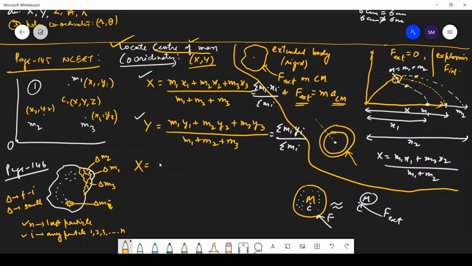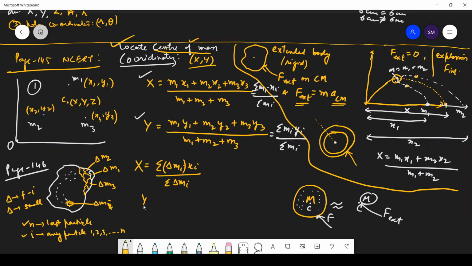The x coordinate, I can write similarly, as sigma mi xi divided by sigma mi, and there can be n particles, so sigma delta mi xi divided by sigma delta mi. Instead of writing mi, because here the mass is very small, I am writing delta. So that's the only difference, students.